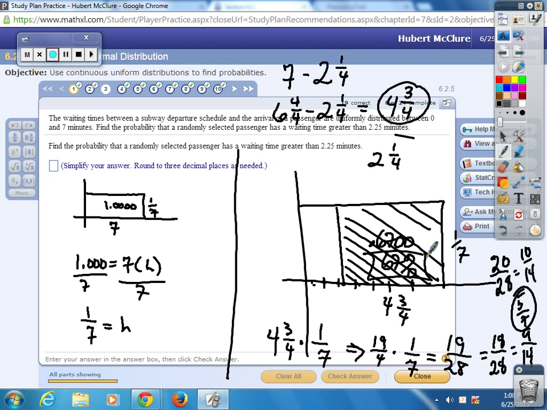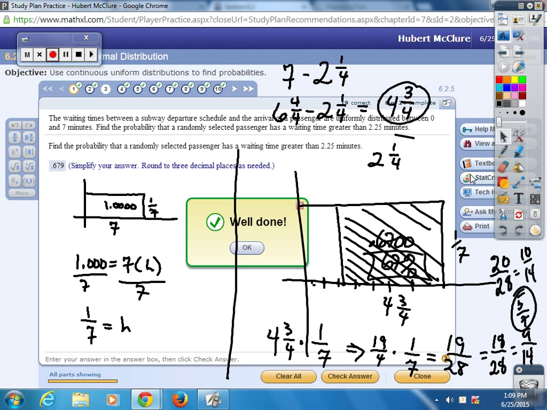So you have a 67% chance of waiting more than 2 1/4 minutes. Okay? 0.68. So 2 parts. It says round to 3 decimal places. So what is it? And we got it right. We feel good about ourselves.